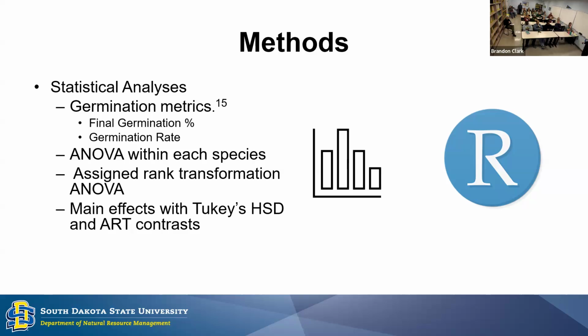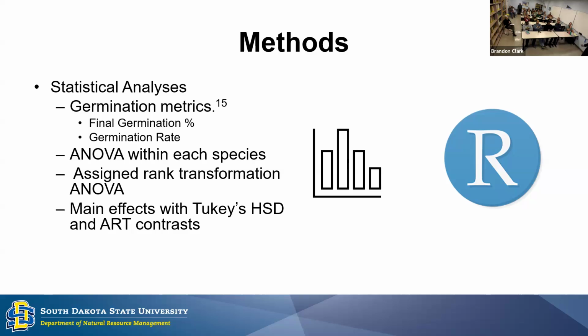Germination rate is a measure of seed germinated per unit of time, so a speed of germination, if you will. Sometimes germination rate gets used interchangeably with final germination percentage, but for the purpose of this study, final germination will be the percentage and germination rate is rate, speed.